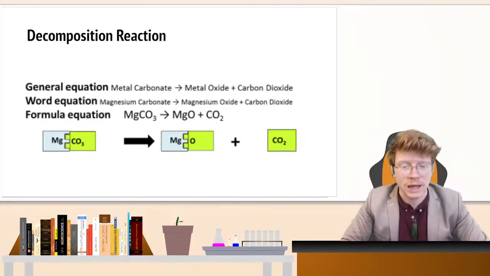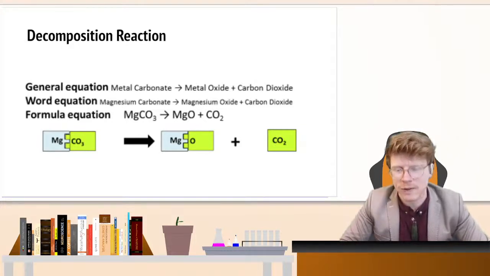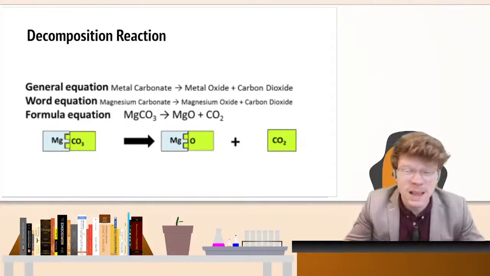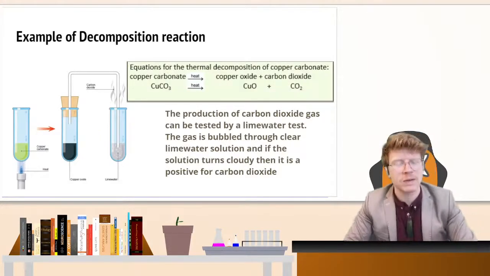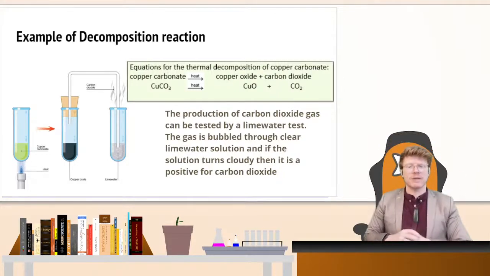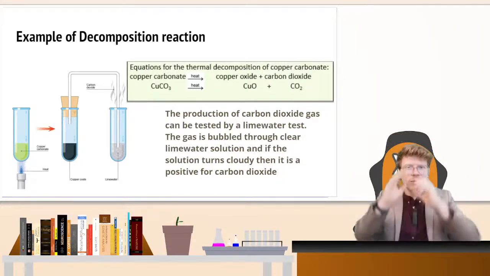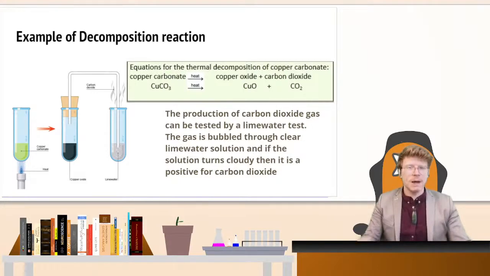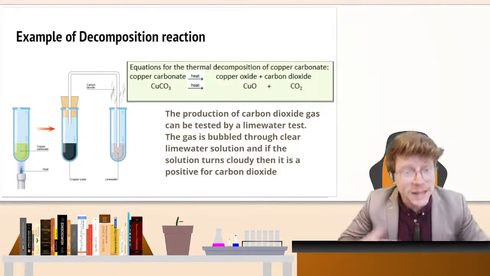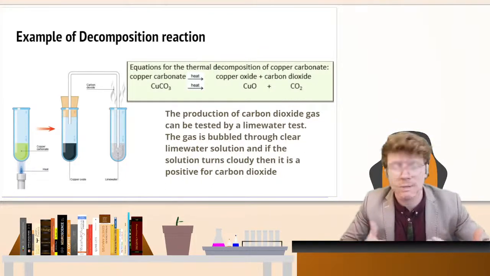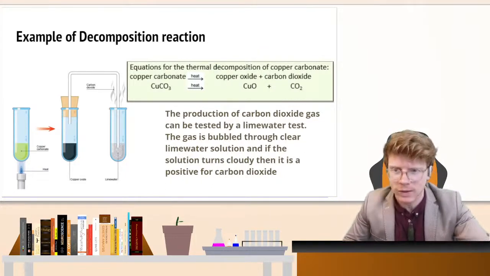You just might expose it to something that allows for that process to occur. But that's our second reaction, right? We've got another example here. This one was done with heat. You heat copper carbonate, it turns into copper oxide and carbon dioxide. Easy, right? One thing separating into two. That's half our reactions done. And that was only a couple of minutes in terms of explaining those different reactions there.